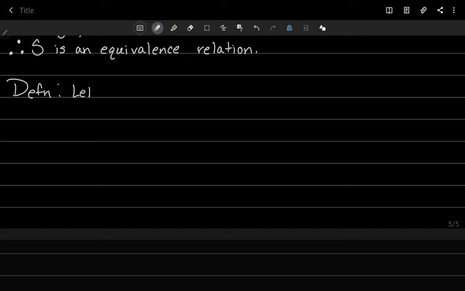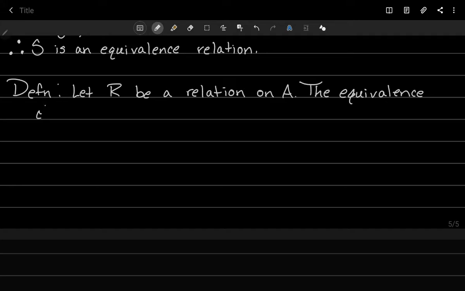So again, we're going to let R be a relation on A. So the equivalence class of little a, an element of big A, is, here we go.